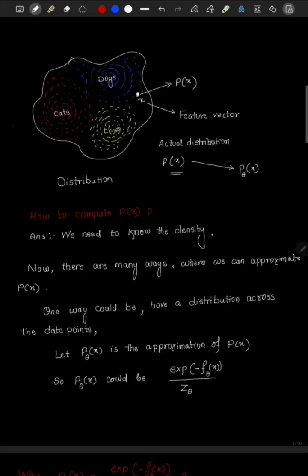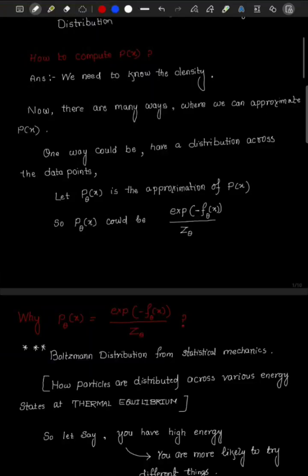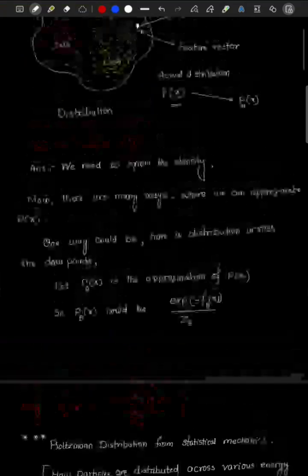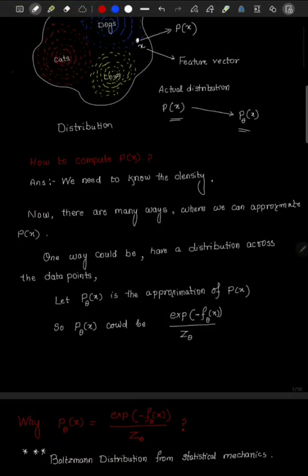This is the basic idea. Now how to choose P theta of x? What is the optimal function that can approximate the actual probability in such a way that the values of that approximated probabilistic function are much closer to its original probability value?